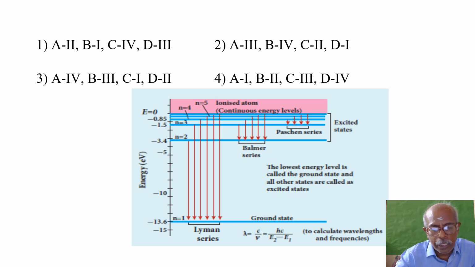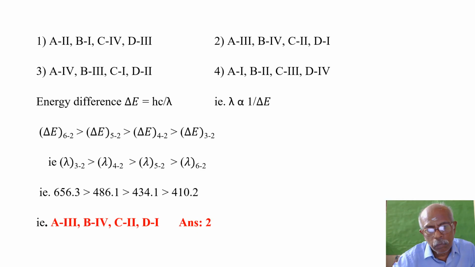Option 2 is A to 3, B to 4. In such cases, you are given 4 different options. Then how to find the correct answer? I already told you that the energy difference delta E is equal to hc by lambda, where delta E equals h nu and nu equals c by lambda.